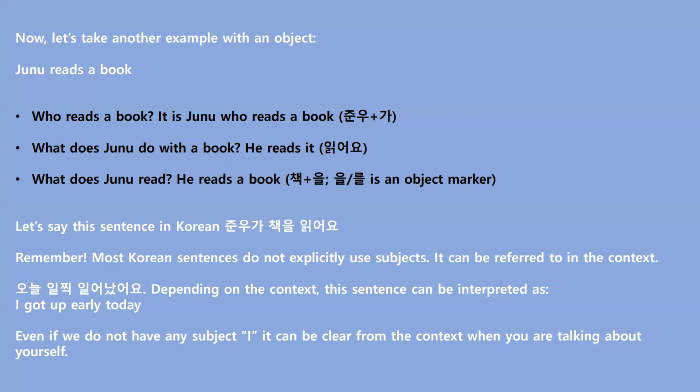So that's why be careful. And when you make up a sentence, always make sure that there should be subject and verb. If you do not use the subject, you need to make it clear so that other person can know who the subject is.